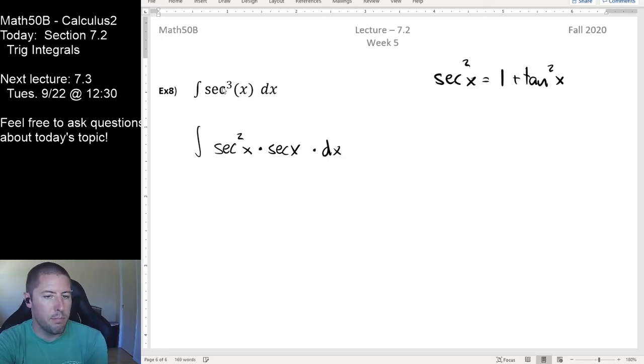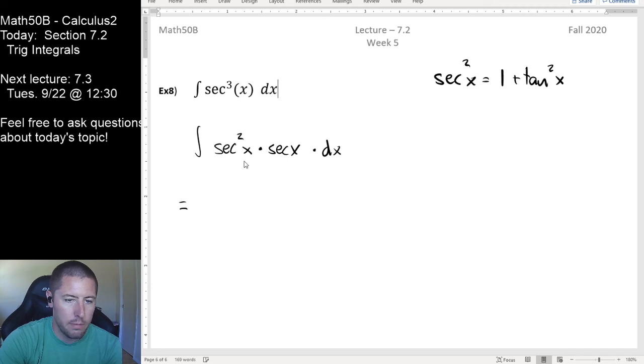This is me just breaking up the cube into a 2 and a 1. Again, I'm shooting blind here. I'm hoping something's going to pop up and slap me in the face, and it hasn't happened yet. So what's my next move? Maybe we rewrite secant squared as 1 plus tangent squared.